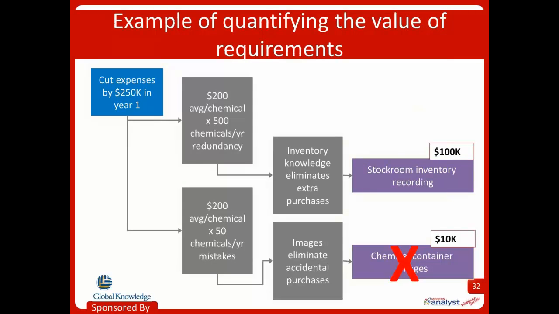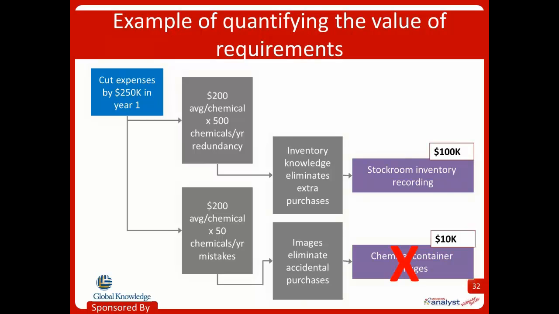For our chemical tracking system, imagine that we have a few high-level features, things like stockroom inventory recording and chemical container images. That's underneath that X there. The stockroom inventory recording is what is used so the system knows what's in the actual stockroom, and that can then be compared to what the lab assistants are requesting.